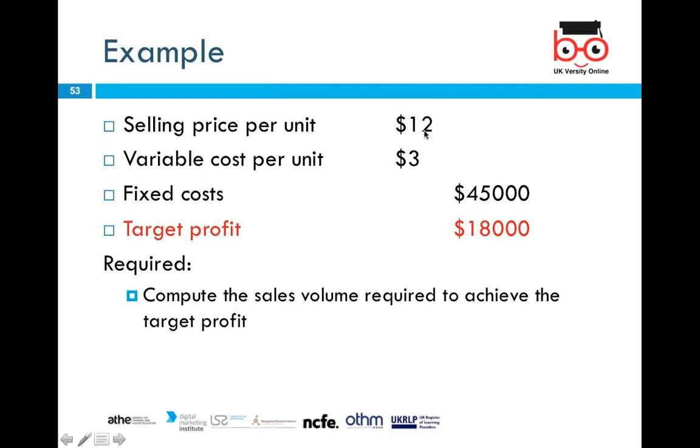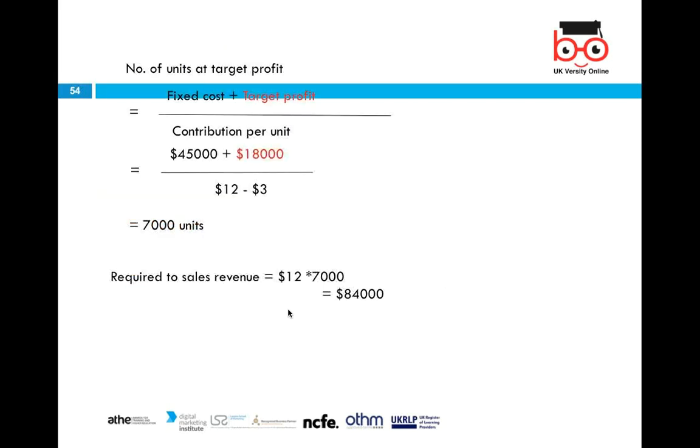So again, in that example, we have a selling price per unit of $12, the variable cost is $3, and the fixed cost is 45,000. And we have a target profit of 18,000. So we have to compute the sales volume required to achieve the target profit.